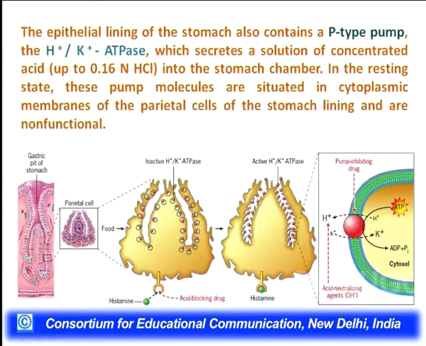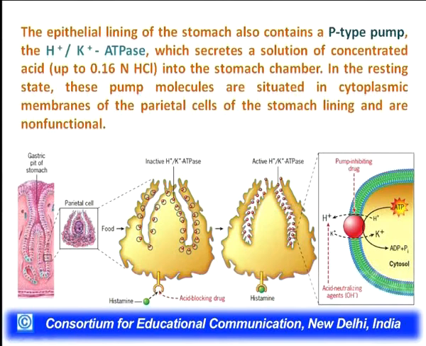Another important p-type pump is the proton potassium pump ATPase, which is present in the epithelial lining of the stomach. So the epithelial lining of the stomach contains this H plus K plus ATPase, which secretes a solution of concentrated acid up to 0.16 normal HCl into the stomach chamber.